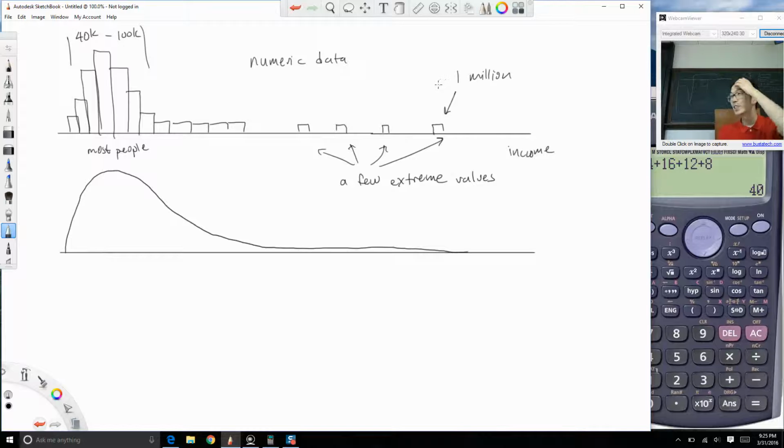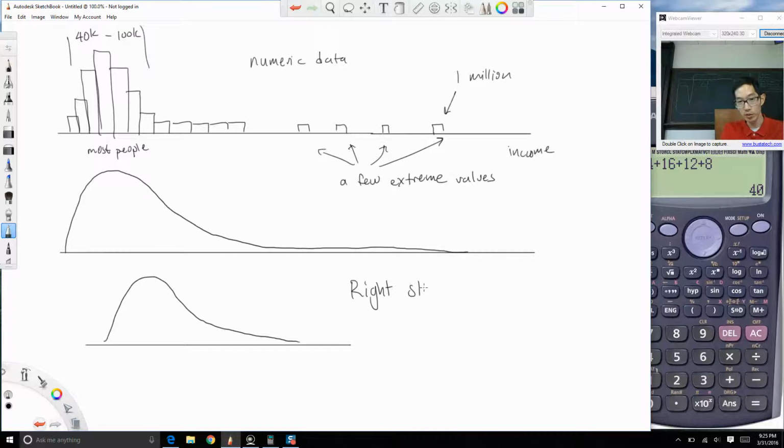I don't know. Okay. So basically this just says the shape we have here, and I'm going to make a more compact version of this. Okay, these shapes, these are what we call right-skewed distributions.